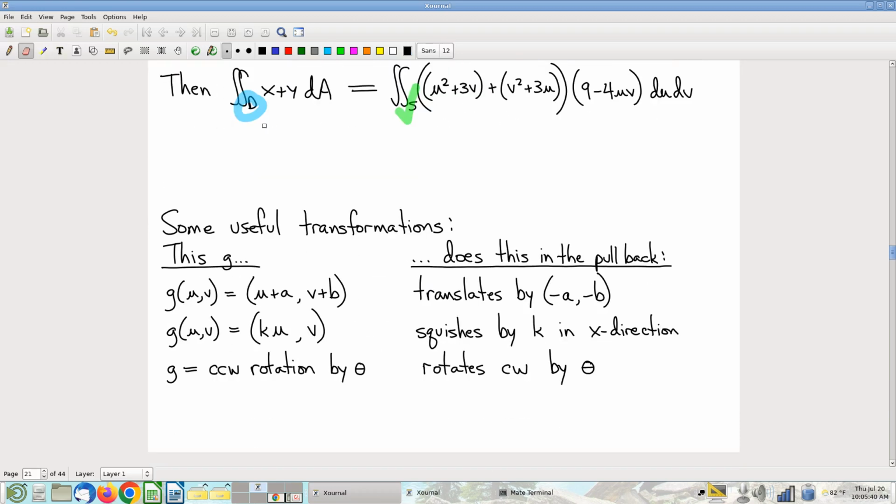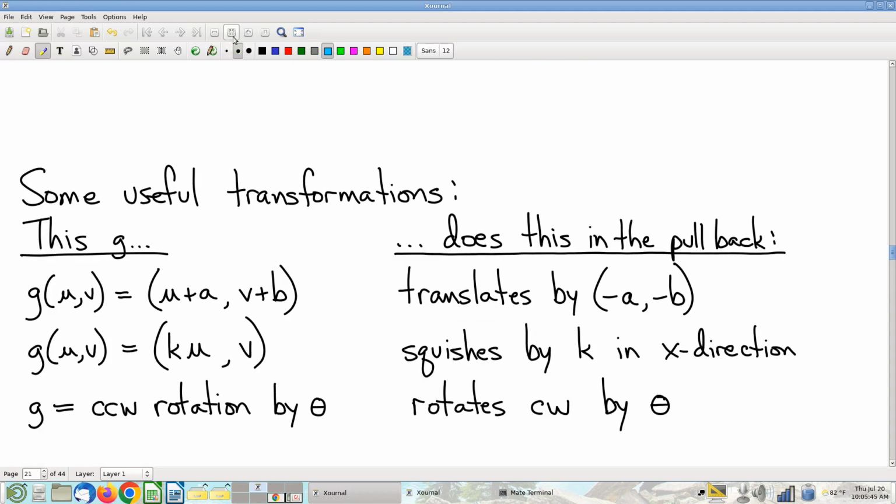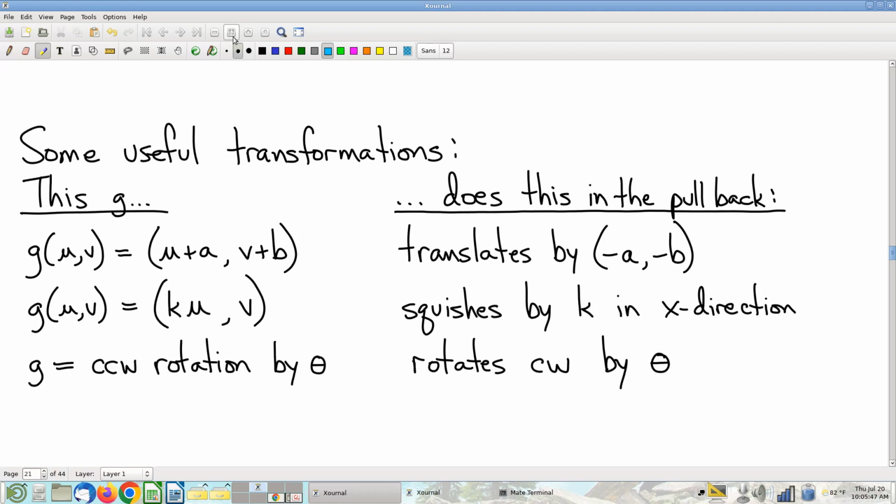Okay, now again, a reminder: this previous example we just saw was highly manufactured. I just gave you for free what the change of variables function was, and that makes it unnatural and a little bit of a freebie. So how would you dream up your own change of variables functions?